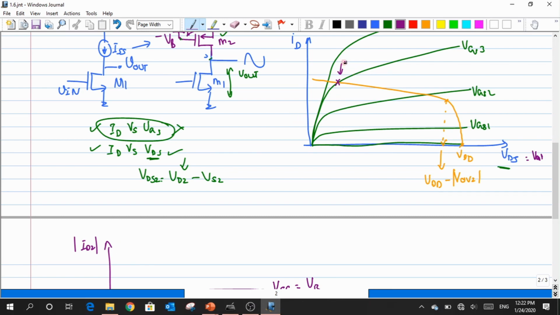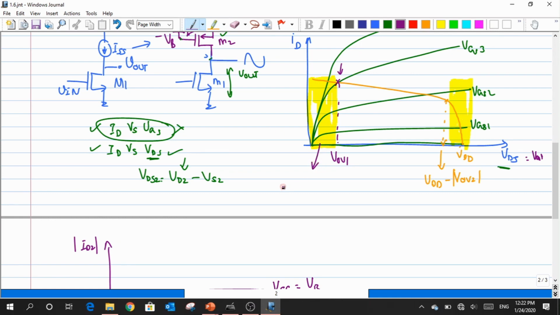M1. Okay. So let me mark this edge of saturation as VOV1, with respect to M1. So if I'm within this zone, what are my M1 and M2? And if I'm within this zone, in which region are my M1 and M2 operating?